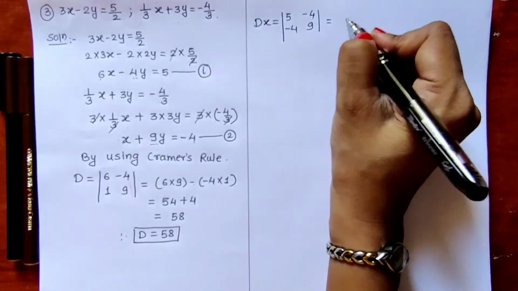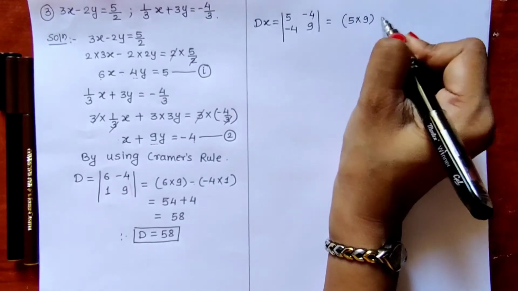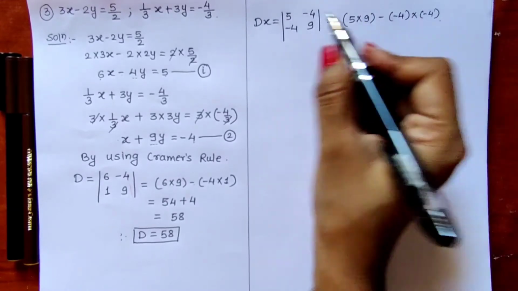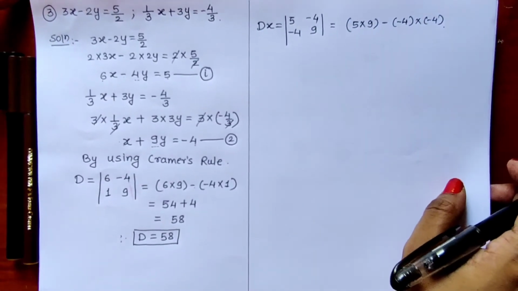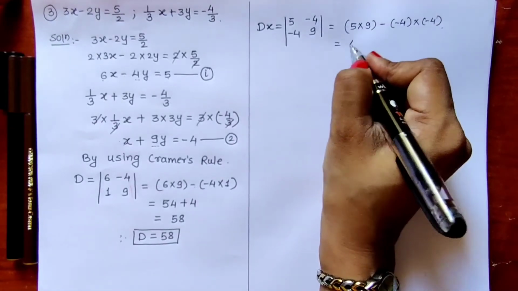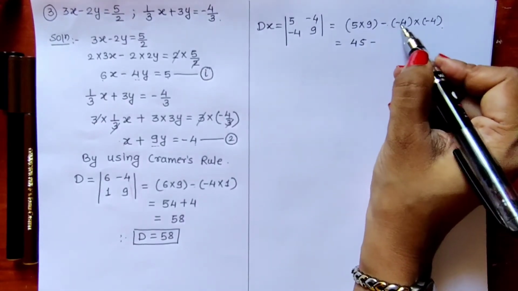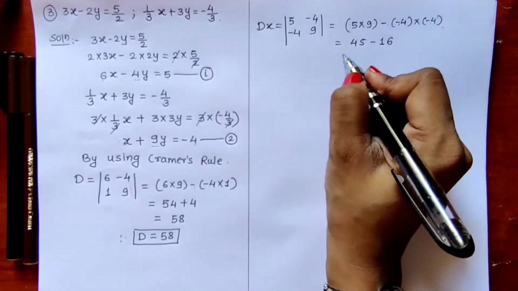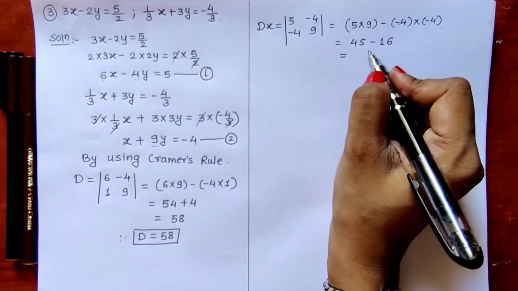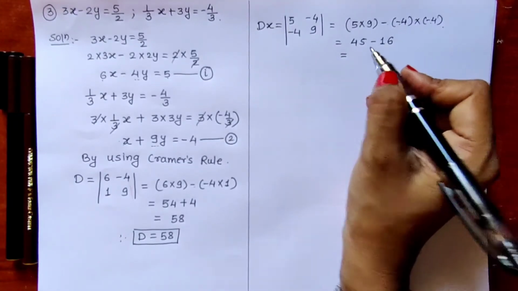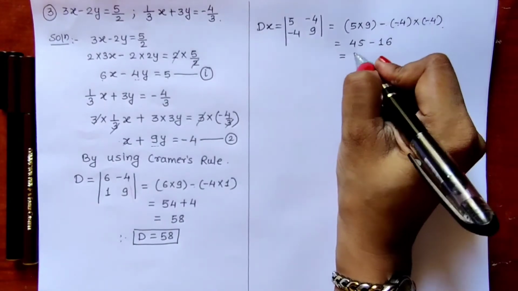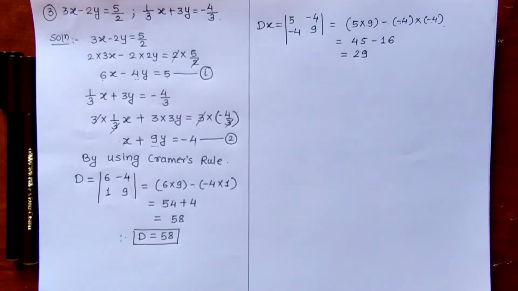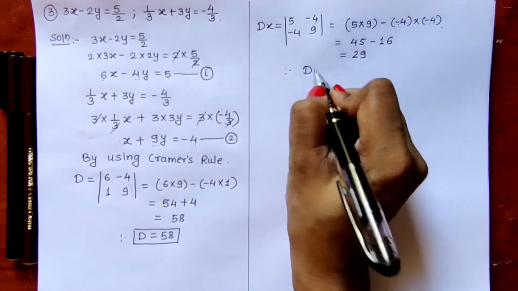Cross multiply. 5 into 9 minus minus 4 into minus 4. So let us solve. 5 9s are 45. Minus into minus 4 4s are 16. 45 minus 16 will be 29. Am I correct? So Dx is 29.